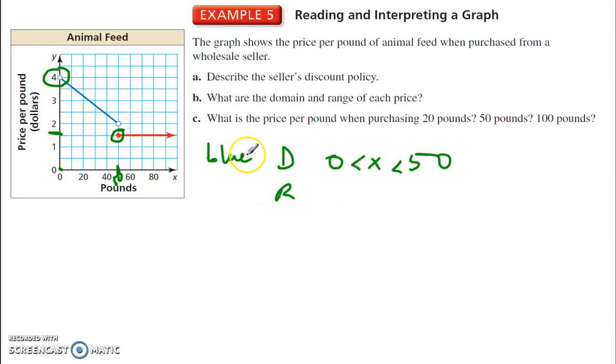The range of the blue line is from 2 to 4. 2 is the smaller number, 4 is the greater number. Those are the y values. Are those two included? Not in the blue line.